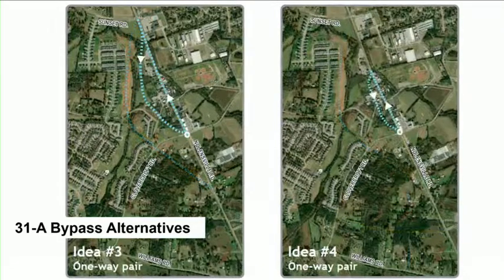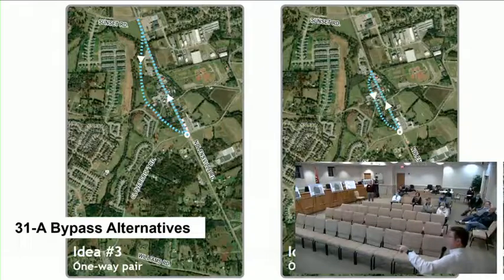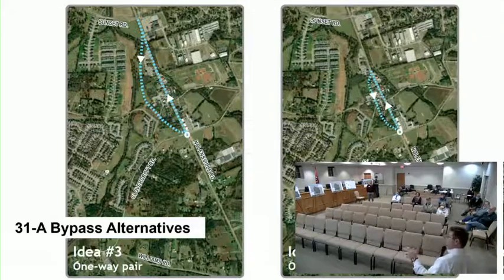Flip over to ideas 3 and 4. When you start looking at the one-way pairs, that's where these might make sense in conjunction with one of the others, because especially idea number 4 has the potential of helping to create some additional retail.